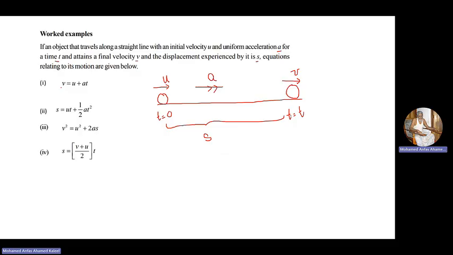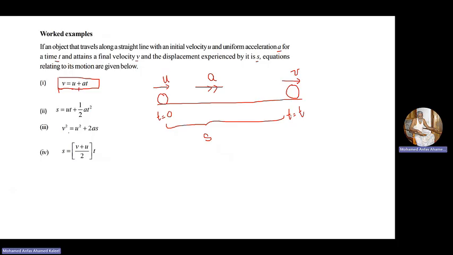Check whether these equations are correct or not. The first equation is final velocity is equal to initial velocity plus the product of acceleration and time. The second equation is s is equal to ut plus half at squared.